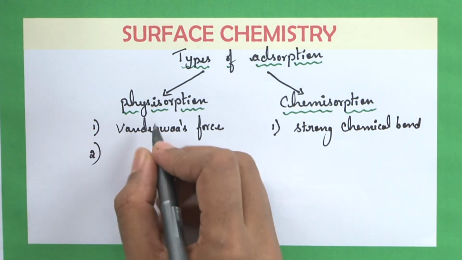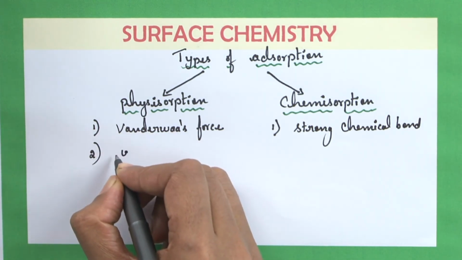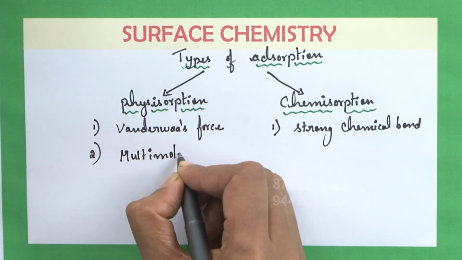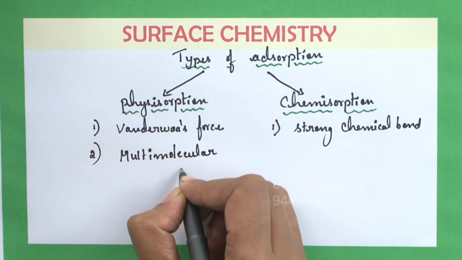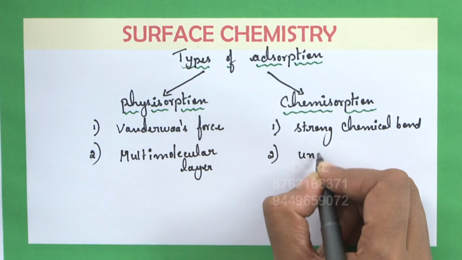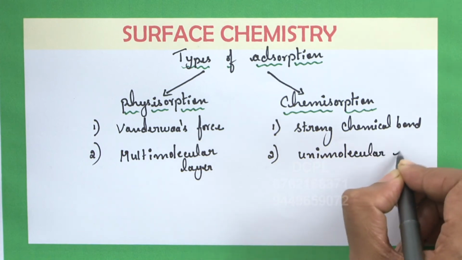The second difference is that physisorption forms multimolecular layer adsorption, whereas chemisorption forms a unimolecular layer.